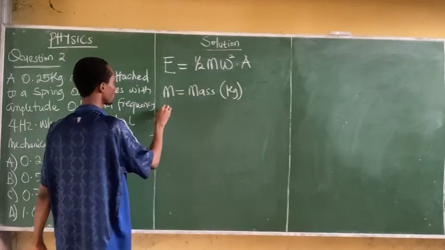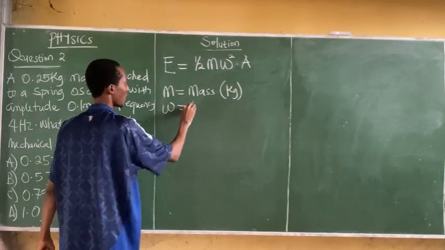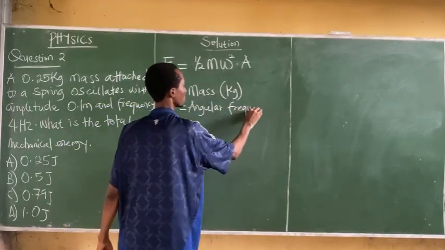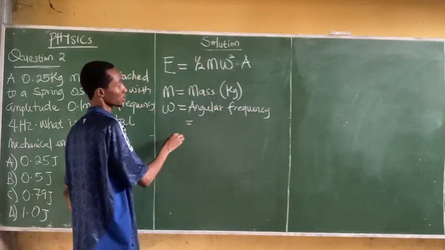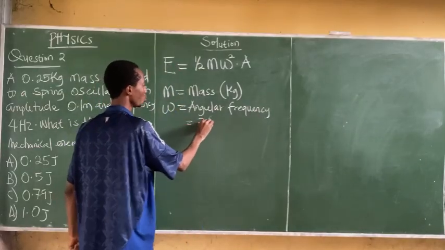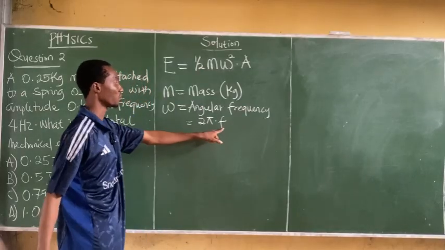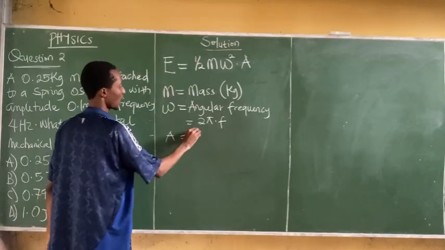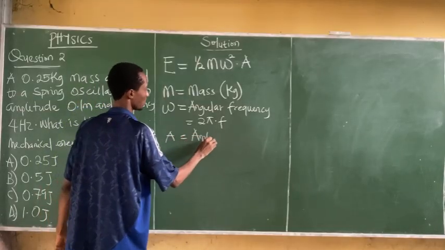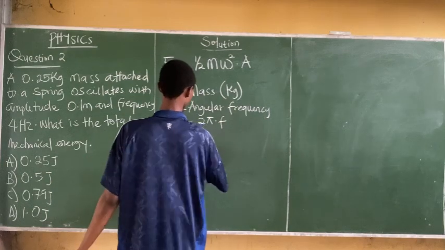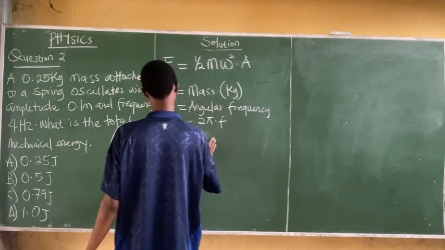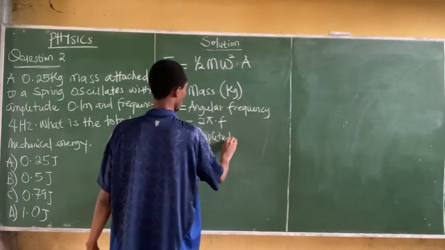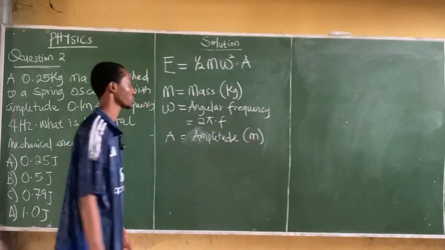Omega here is the angular frequency, and it is given by the formula 2 pi f, where f here is the frequency, and A here is the amplitude, in meters.